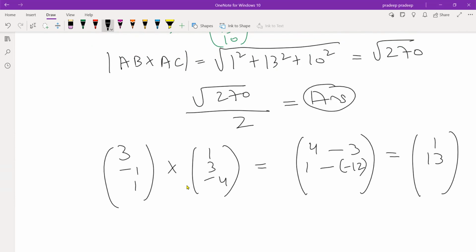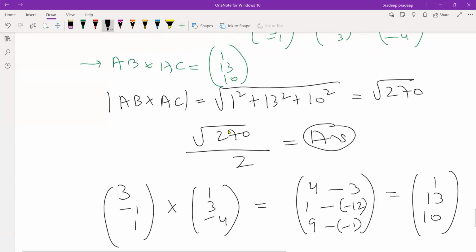And for the z component, we have 3 into 3, which is 9 minus 1. So this comes out as 10. Okay, so it is 1, 13 and 10. I just made a calculation mistake. Maybe a sign error. So then you find out the magnitude and then divide it by 2.